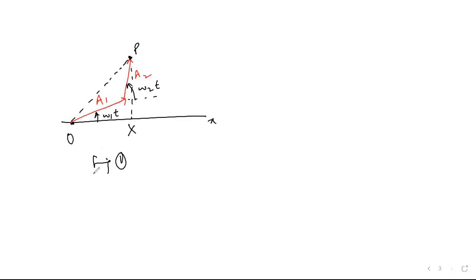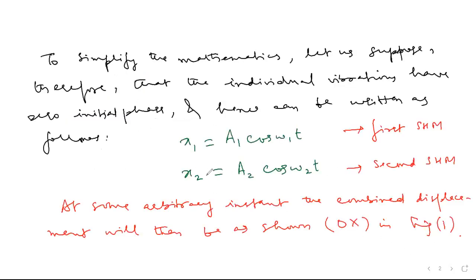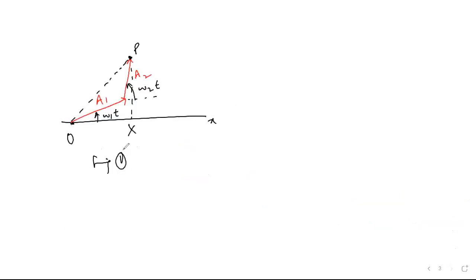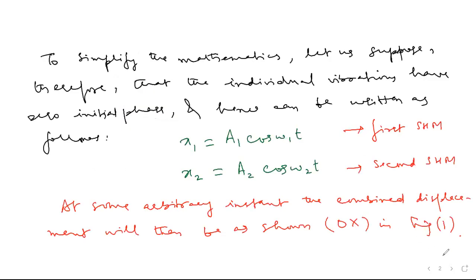You can see in this figure 1, we have represented the two SHMs by rotating vectors. This first vector having length A1 and making angle omega 1t with the x-axis represents first SHM. You can see its projection on x-axis represents x1, because x1 is A1 cos omega 1t, right?